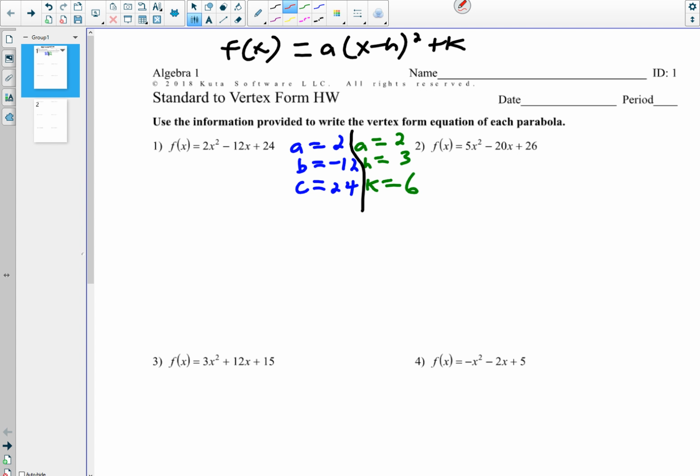So this first one will be f of x is equal to, the a stays the same, parentheses. If h was 3, x minus 3, don't forget the square. That's a very easy thing to forget. And then plus 6. And that is vertex form.